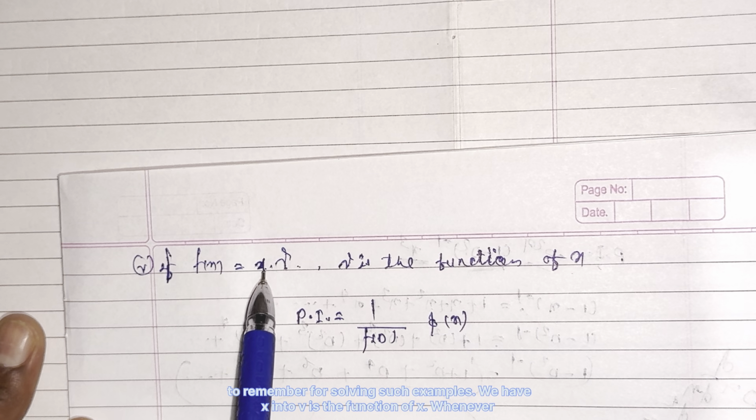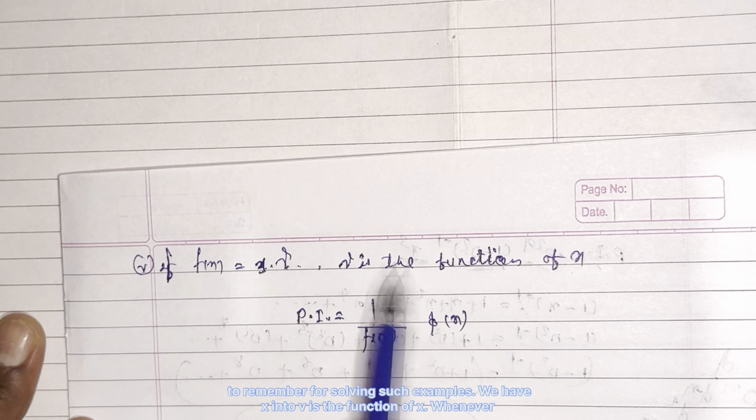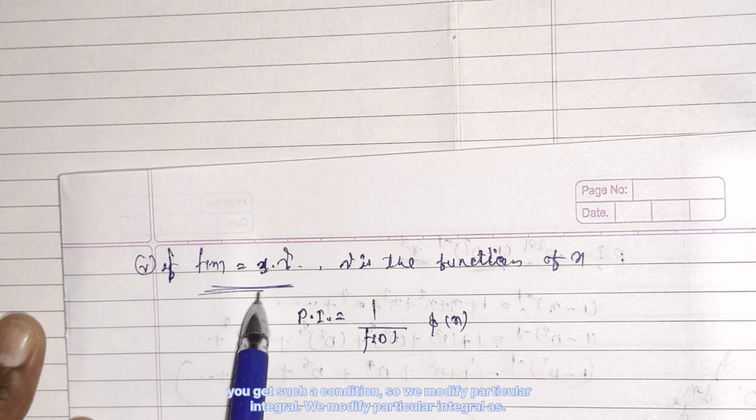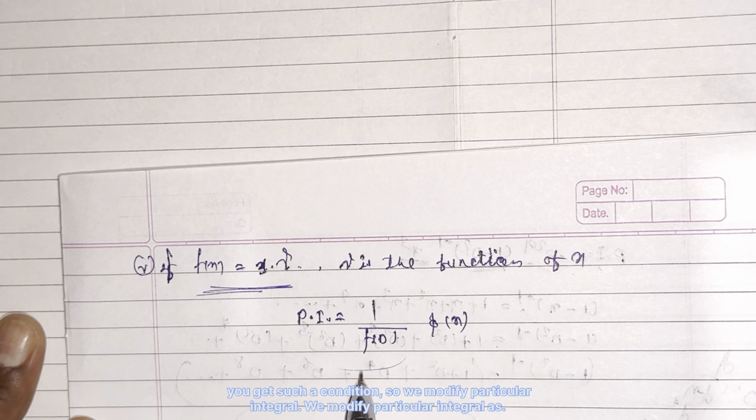We have x into v, where v is a function of x. Whenever you get such a condition, we modify the particular integral.